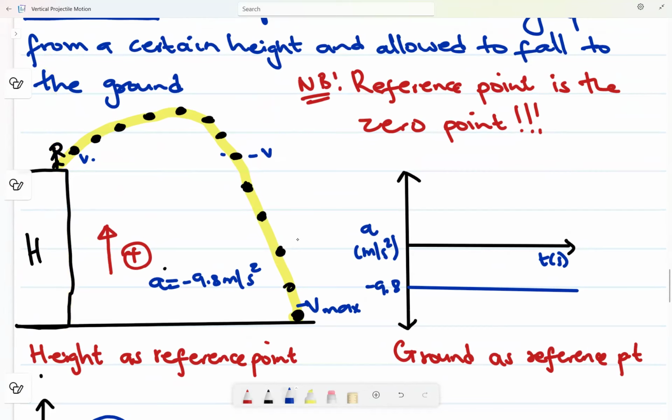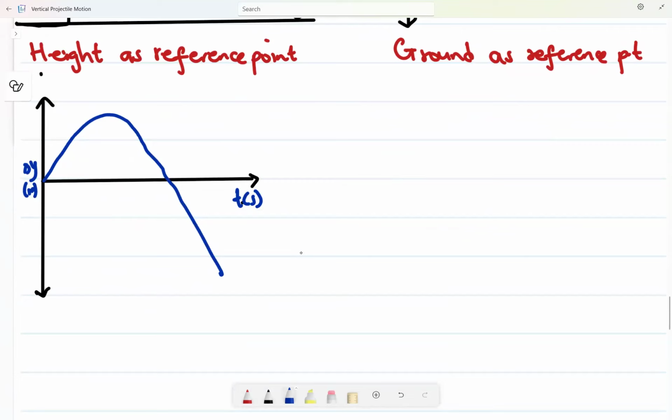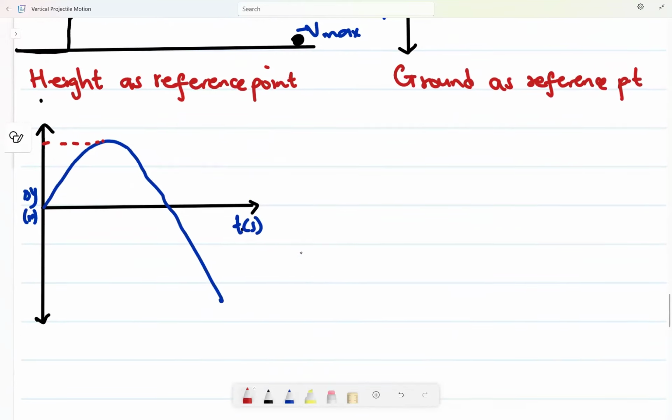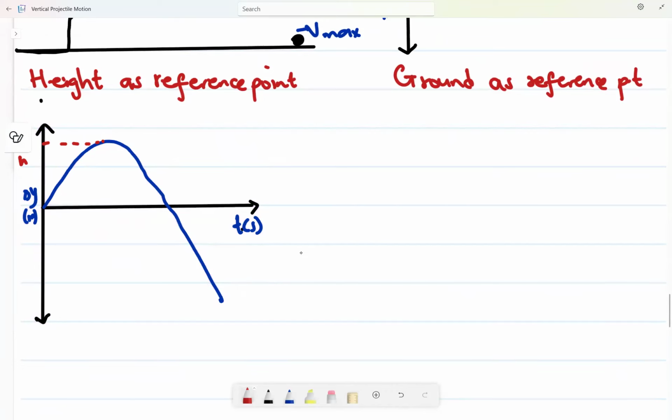But now what if the examiner says, this is maximum height, by the way, just H max. This will be H max here, okay?